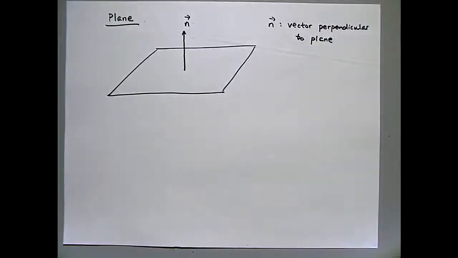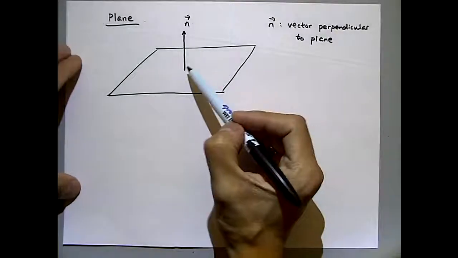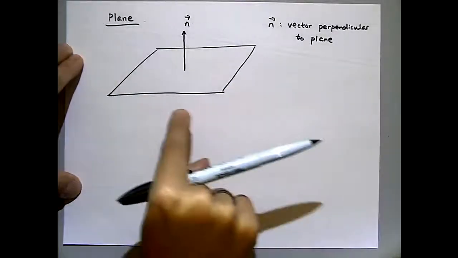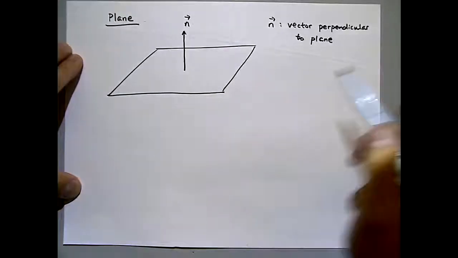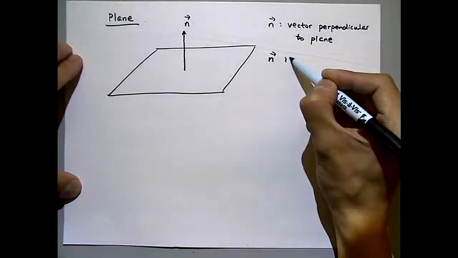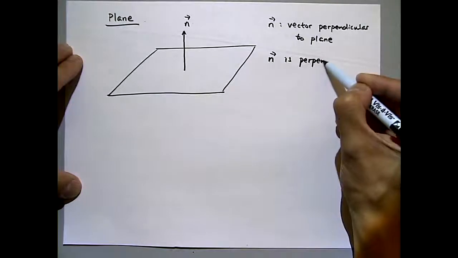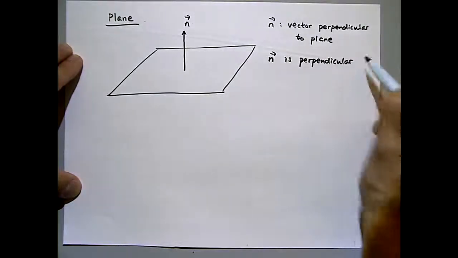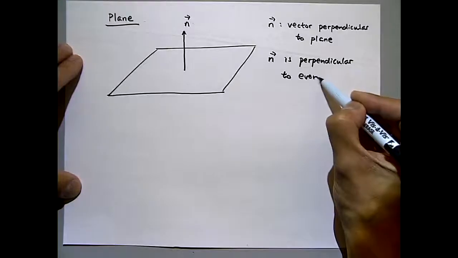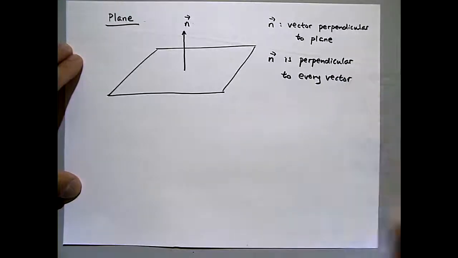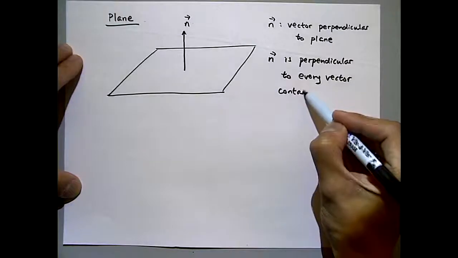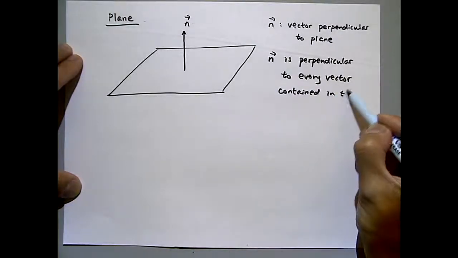So, like me, for example, I could be that vector n in relationship to the floor of the room, right? I'm perpendicular, more or less, to the floor. So this vector is perpendicular to every other vector contained in the plane.